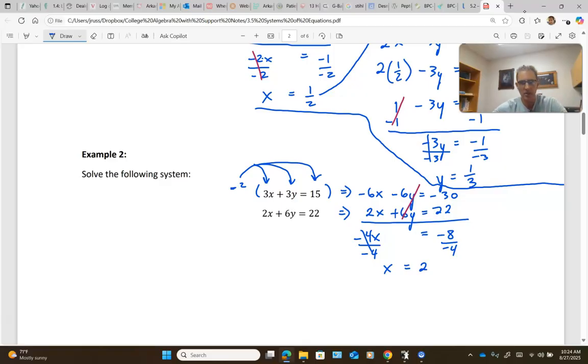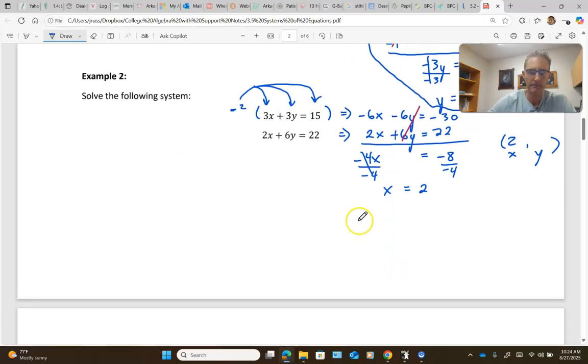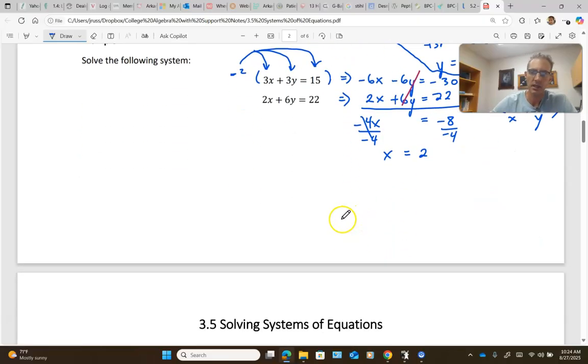Okay, so now that we know the value for x, I could go ahead and write that in over here. Now I need to find my value of y. So I'll do the substitution again. Just for the sake of consistency, I will choose to substitute 2 back into my very top original equation, although technically it doesn't matter which equation you use.